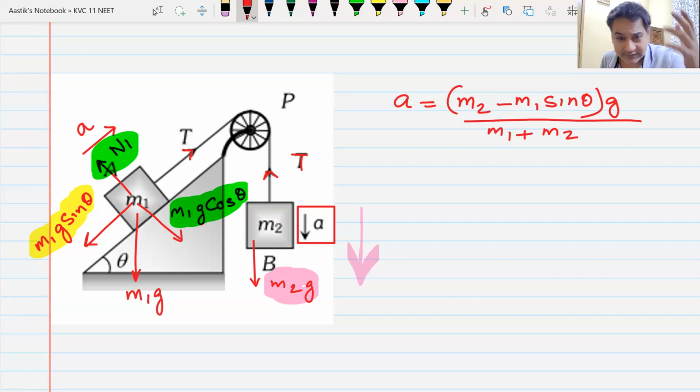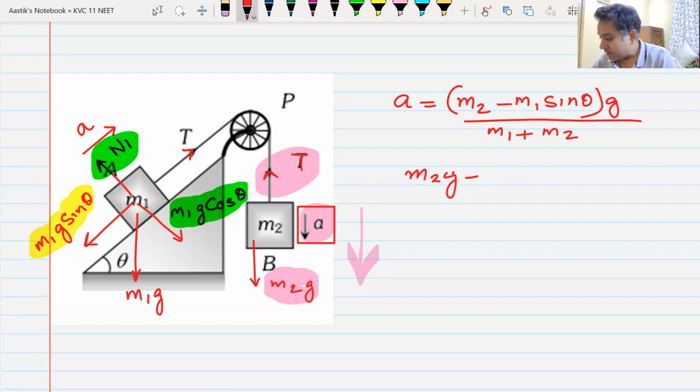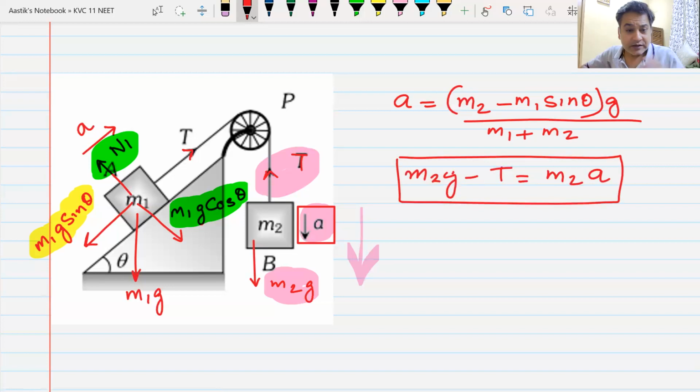Then in rare cases, they might ask you to find out the value of T. How will you do this? You can write the equation of motion for this block. What is the equation of this block? It is moving downwards. So m2g minus T would be equal to m2a. You can put the value of a from the above equation and get the answer.